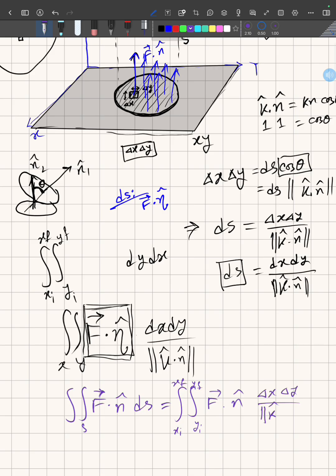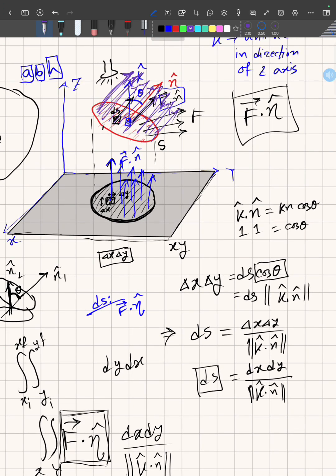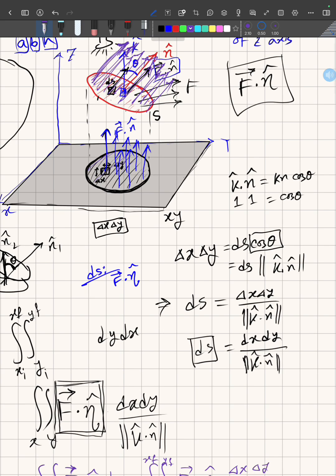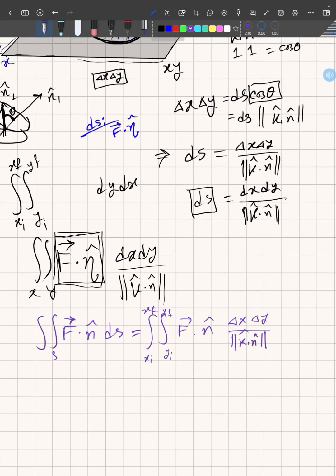You have to find that out based on the question you are given. It is simply the unit normal vector to the converted surface we're taking. Our converted surface is this thing on the xy plane, and k is a unit vector in the direction of the normal of this converted surface.